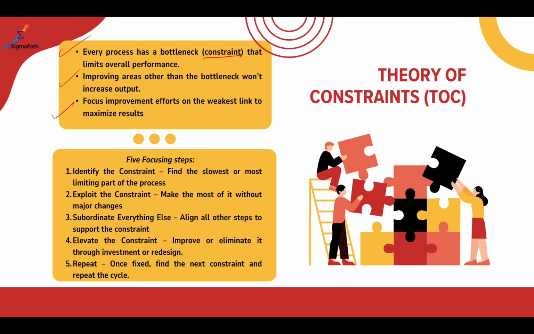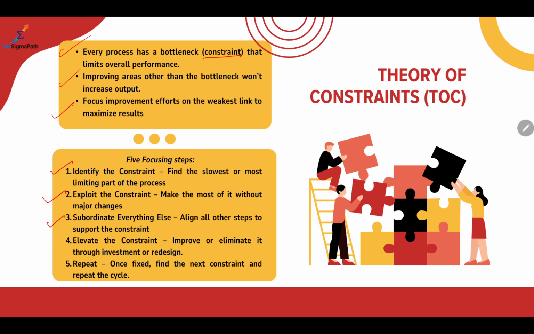There are five focusing steps here. First, we identify the constraint, where we find the slowest or the most limiting part of the process. Then comes exploit the constraint, where we make the most of it without major changes.